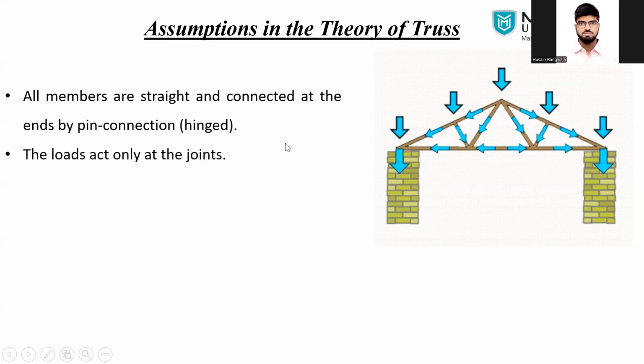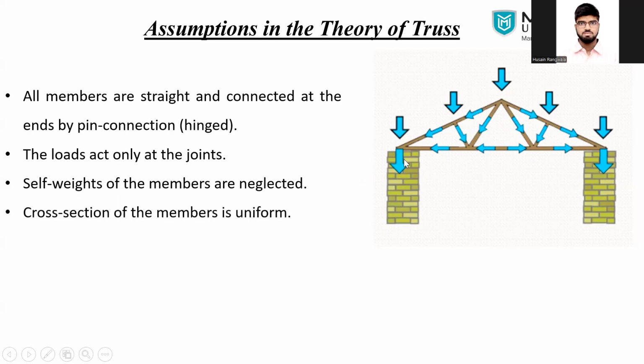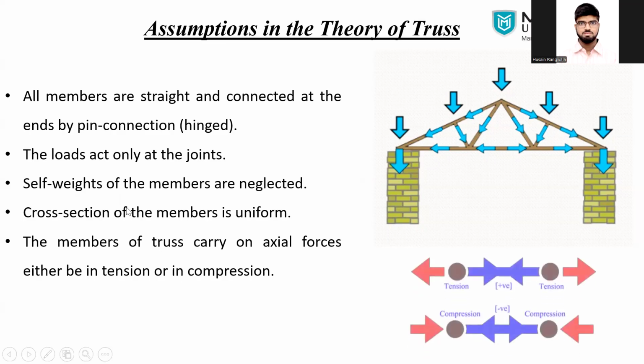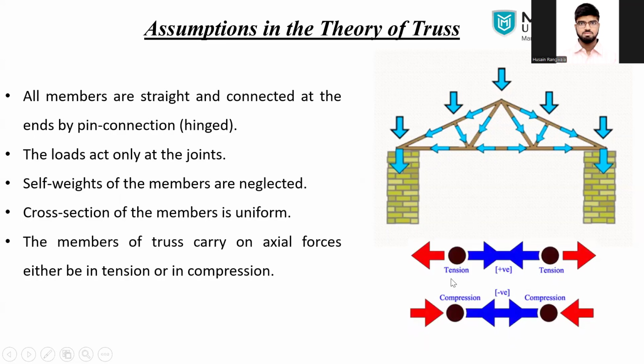The load acts at the joints only, the self weight of the members is neglected, and the cross section of the member is generally uniform. Lastly, the members of the truss carry only axial force, either in tension or in compression. So it can be like this. Generally, these are the assumptions which we are going to use in the analysis of trusses.